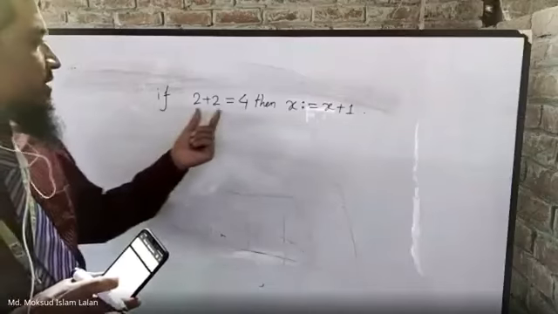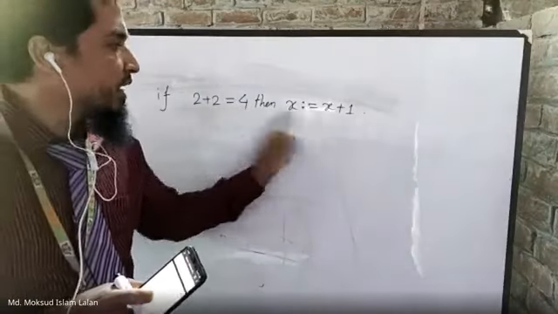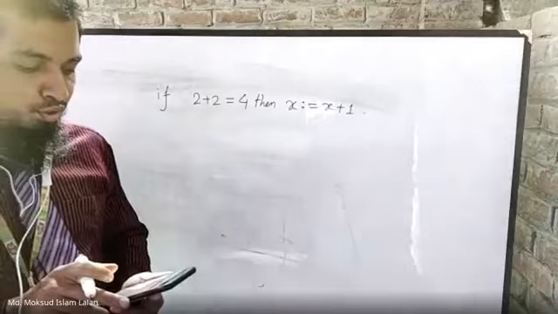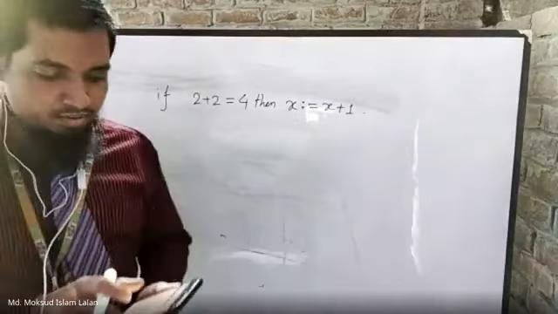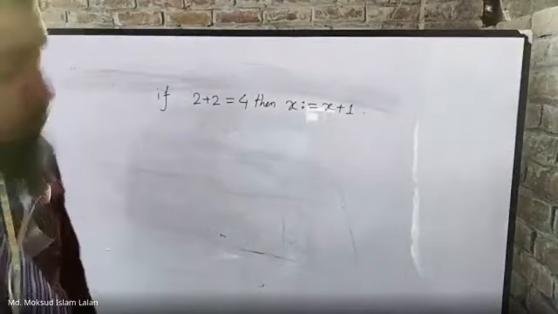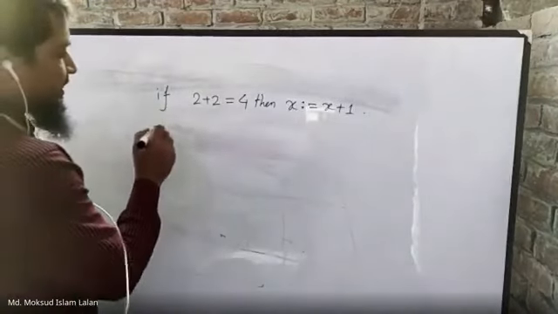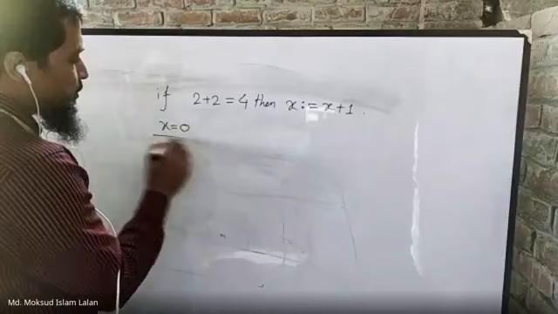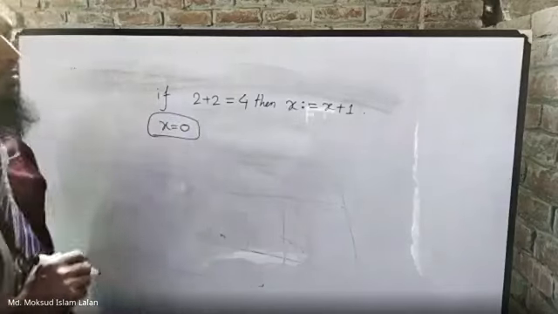My question is, what will be the value of this x if x equals 0 before this statement is encountered? If you consider x equals 0, what will be the value of x?